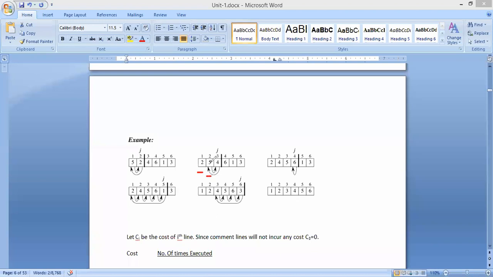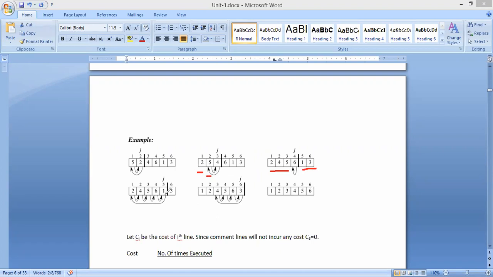Now 5 and 4 are going to be compared. Then we have 2 4 and 5; we sort. We can write an algorithm, we can write a program as well. After that, 5 and 6 are compared, no change. Then last we have 1 and 3.